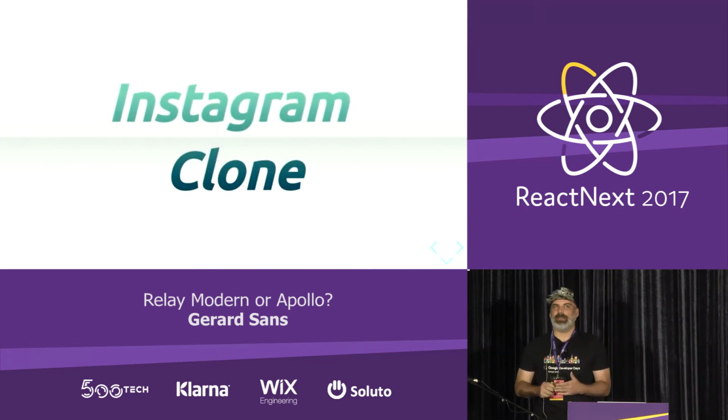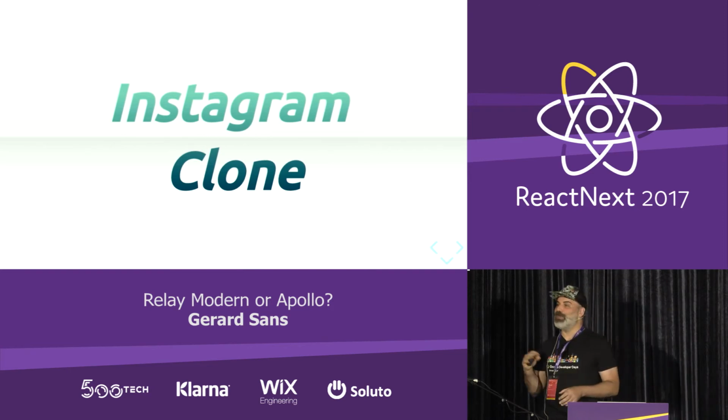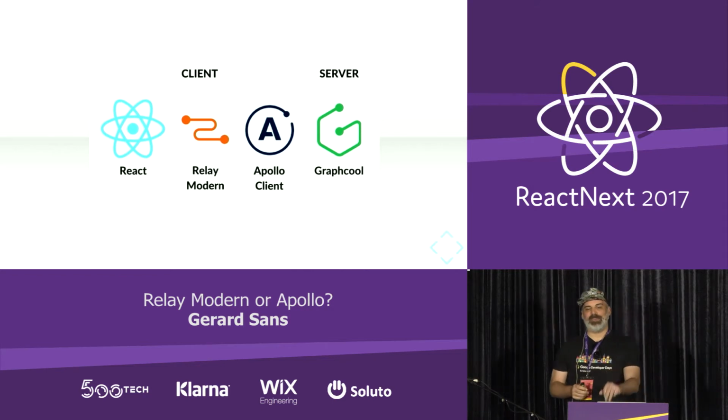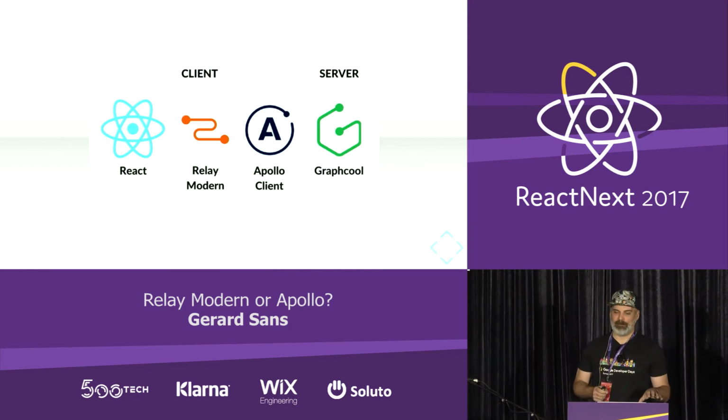To make the comparison between these two, my plan was to build the same application and then see how the different areas compare to each other. So we are going to build an Instagram clone. I'm going to use React, both with Relay Modern and Apollo Client on the client side.